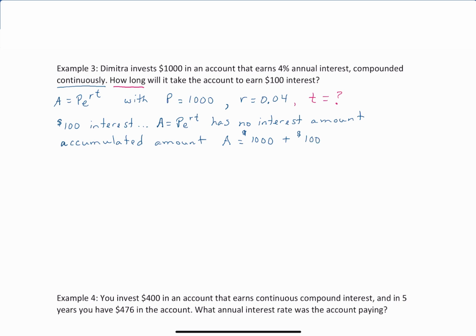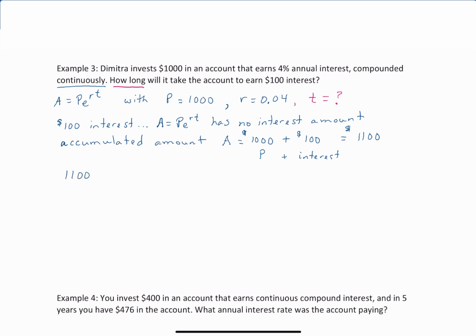Yeah, it absolutely would. The accumulated amount is going to be your principal plus any interest. So knowing that the interest is $100 tells us that A, the accumulated amount, must be $1,100. So that gives us the last thing we need to plug into our formula.